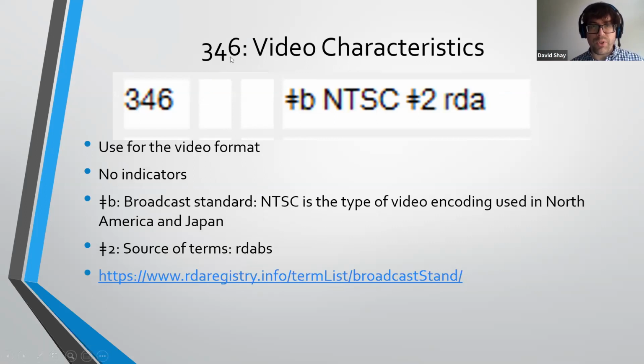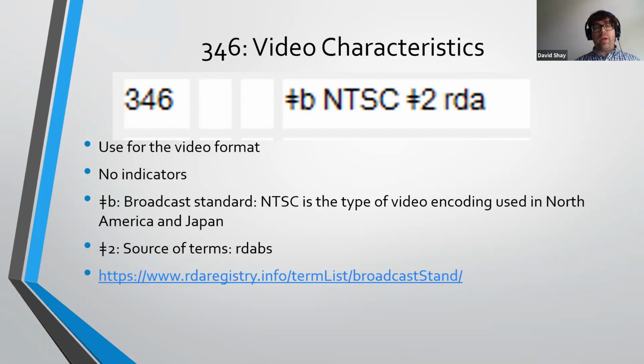So here we have 346 video characteristics. This is the video format. You have no indicators, straight into a subfield B. So this is with the broadcast standard. We have NTSC. Any type of video that is encoded in North America and Japan is going to use NTSC. And the RDA registry specific term for this is RDA-BS, RDA broadcast standard. The other major broadcast standard that I can think of is PAL.